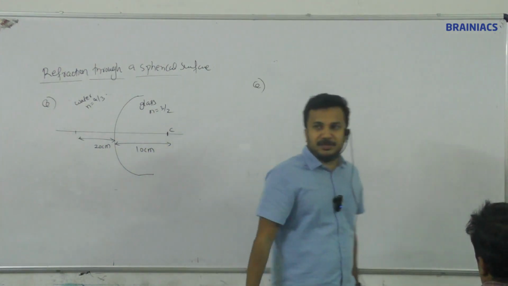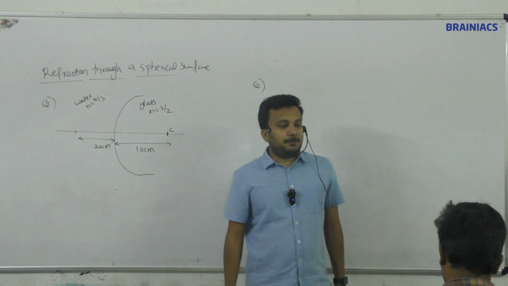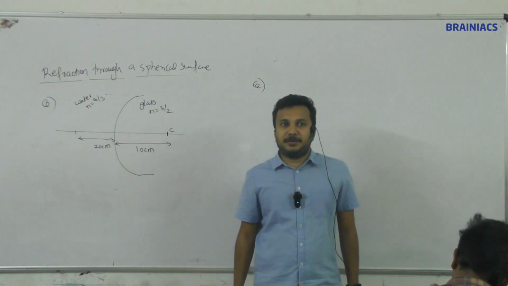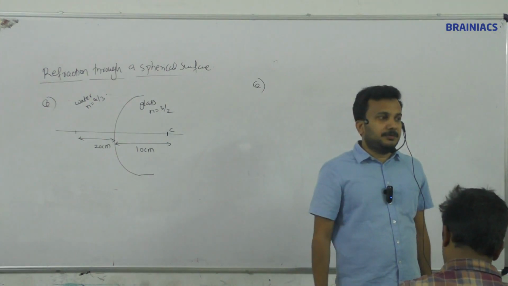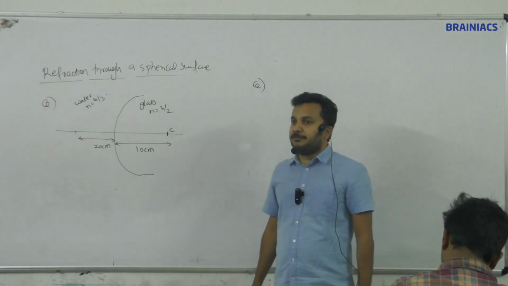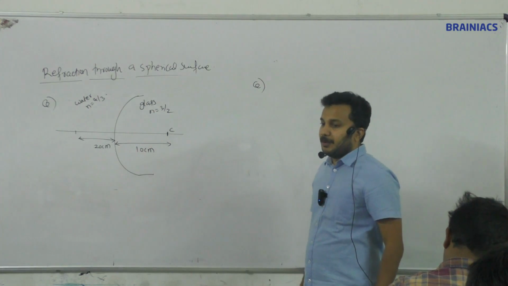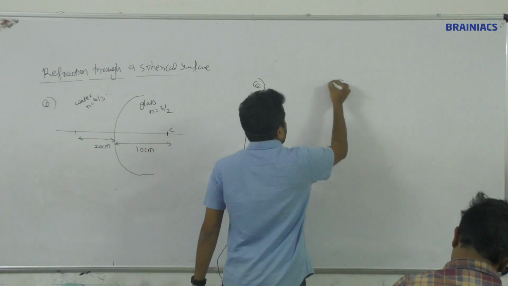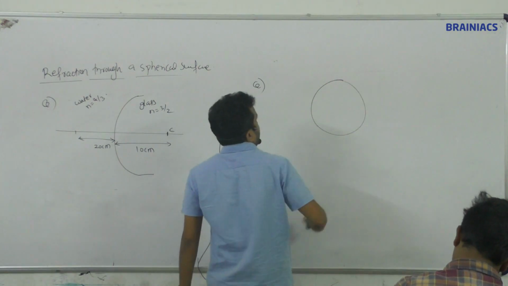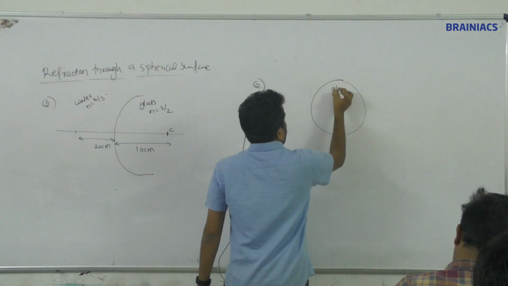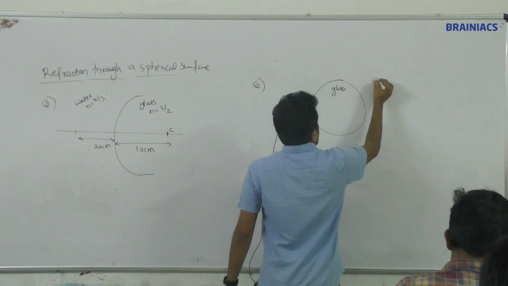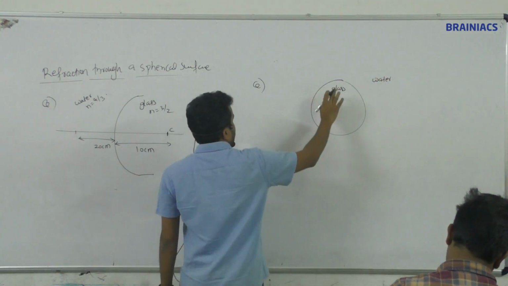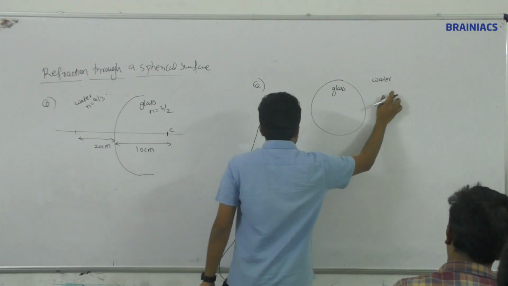We'll go to the next question now. Find the position of image from O. Glass is 3/2, water is 4/3.